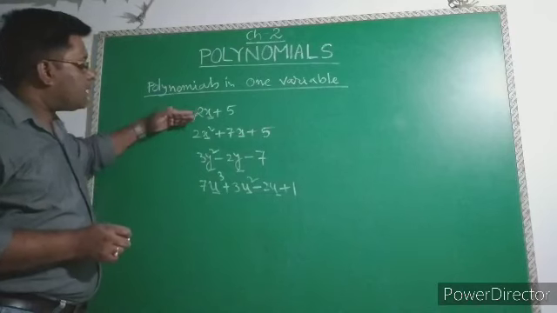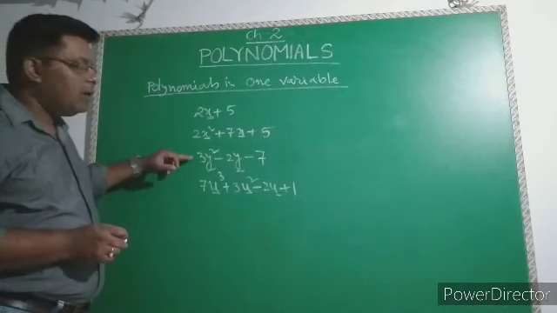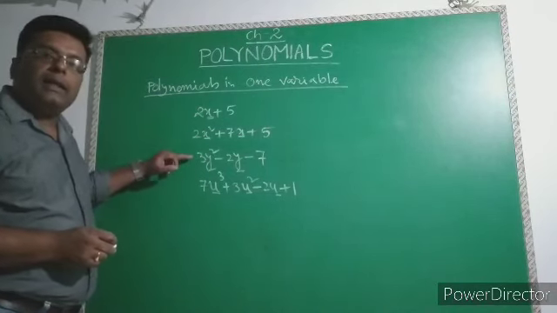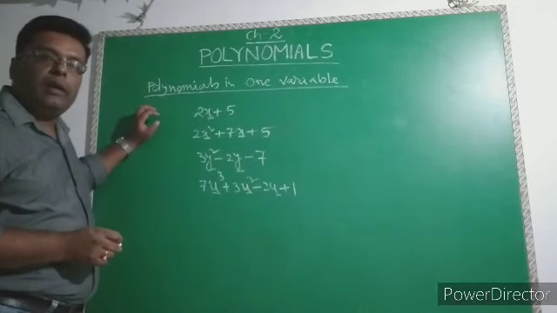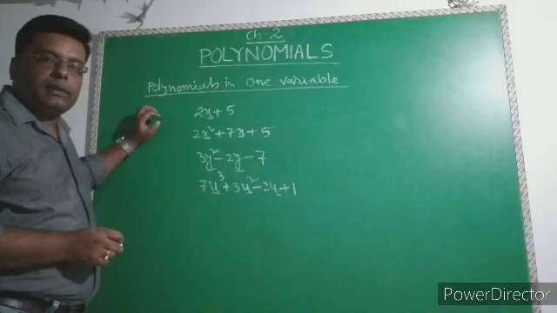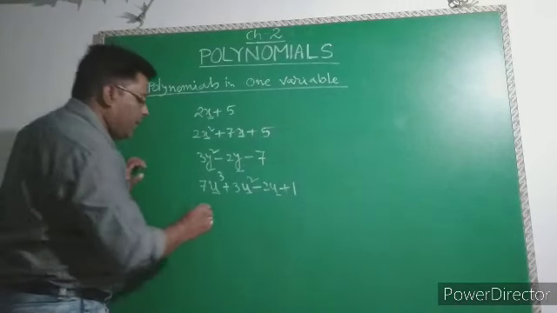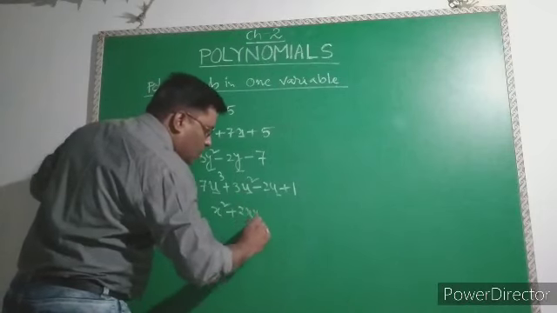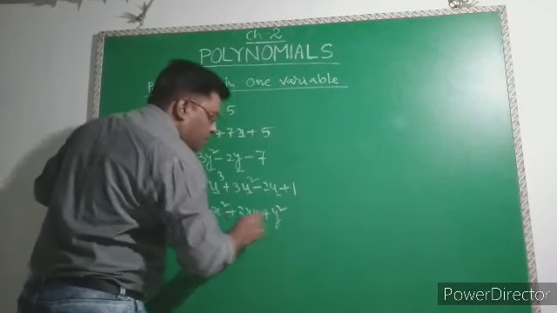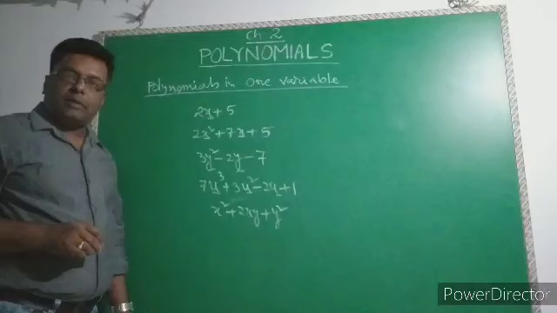That is, in these expressions we have only one variable, and in this chapter we will discuss this type of polynomial where there is only one variable. If we write, suppose, x square plus twice xy plus y square, it's also an algebraic expression.